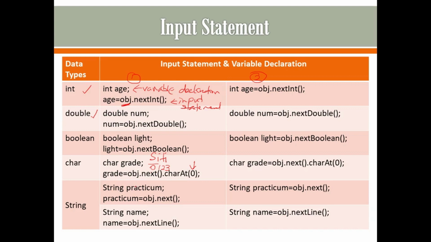How about string? String has two ways to write the input statement. You see here, practicum equal to obj dot next. This one, practicum name equal to obj dot nextLine. What's the difference?